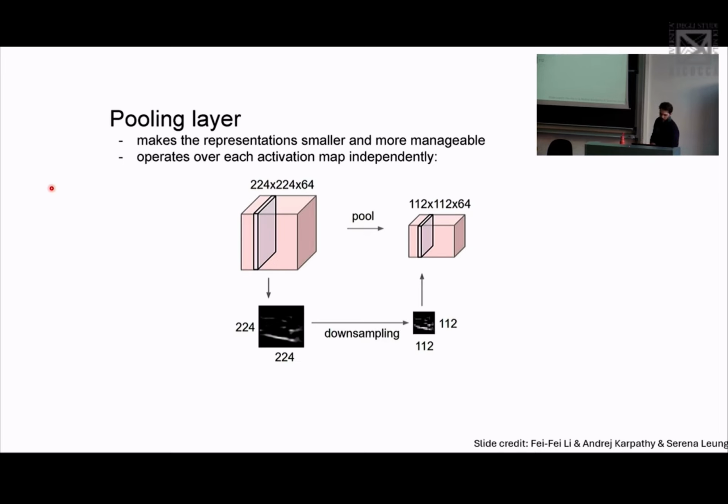The last kind of layer that we will see is the pooling layer. It makes the representation smaller and more manageable, and it operates over each activation map independently.